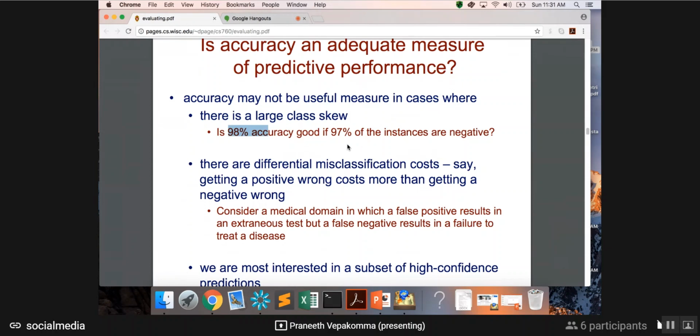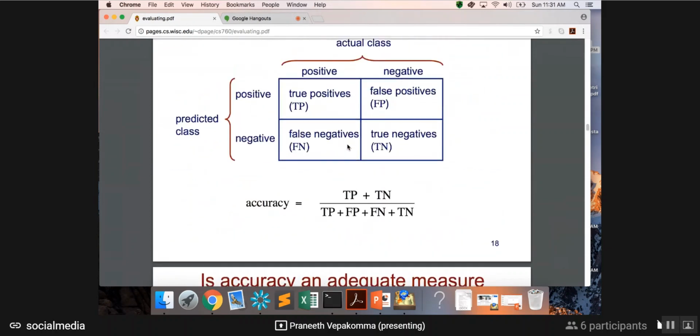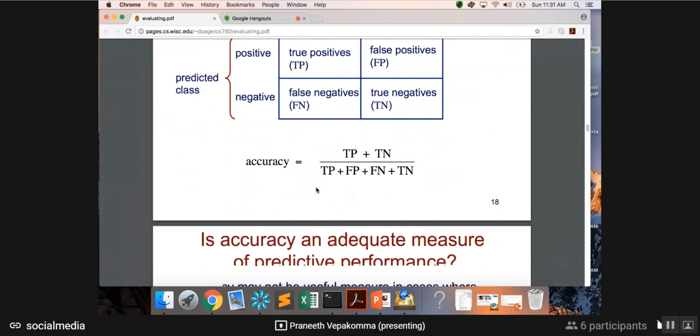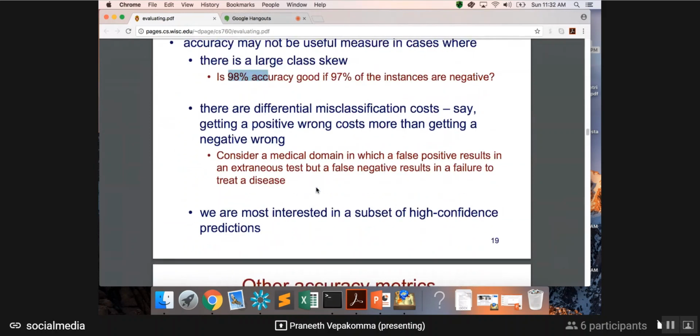Or the other way around, where whatever spam I predict, I predict correctly, but when there is no spam I'm horrible because I'm not able to detect it.